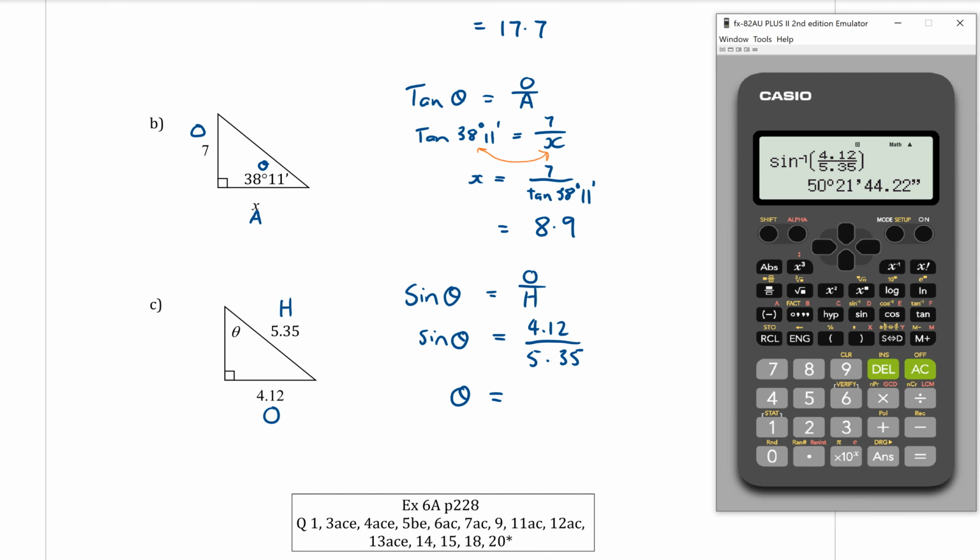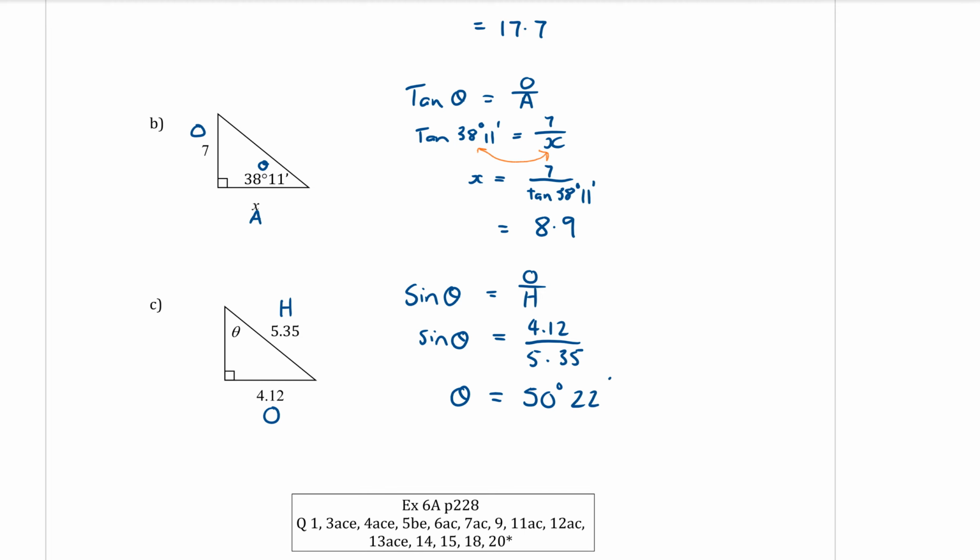So press that bubble button, and that's 50 degrees, 21 minutes and 44.22 seconds. We usually round to degrees and minutes in this kind of case. So because the 44 is above 30, it works like time. These work in lots of 60, so 30 is halfway. Anything above 30 rounds up, so that's going to be 50 degrees and 22 minutes rounded up.